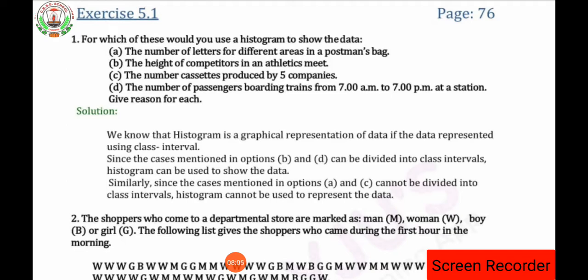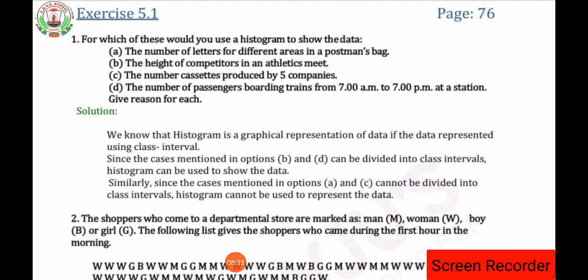So what does the first question say here? For which of these would you use a histogram to show the data? A, the number of letters for different areas in a postman's bag. B, the height of the competitors in an athletic meet.